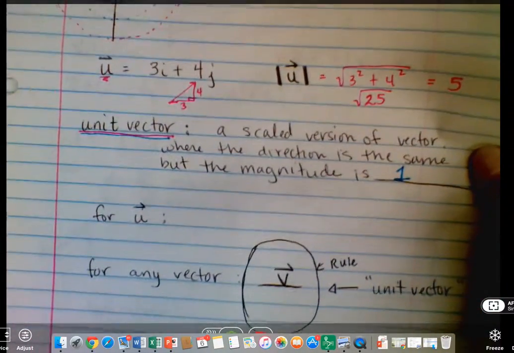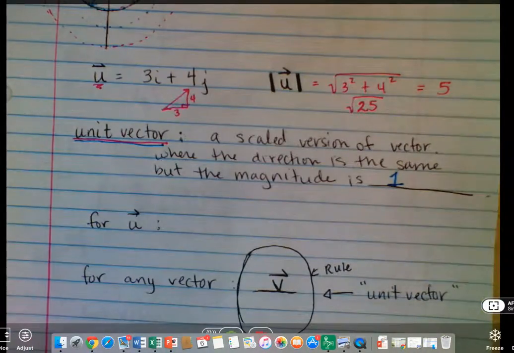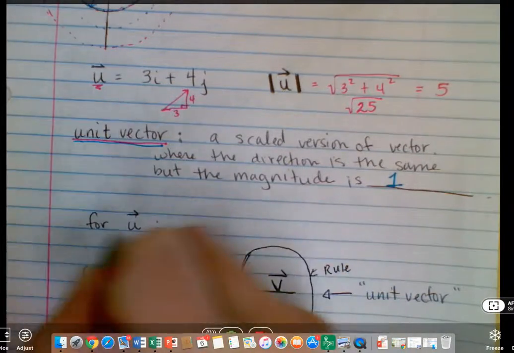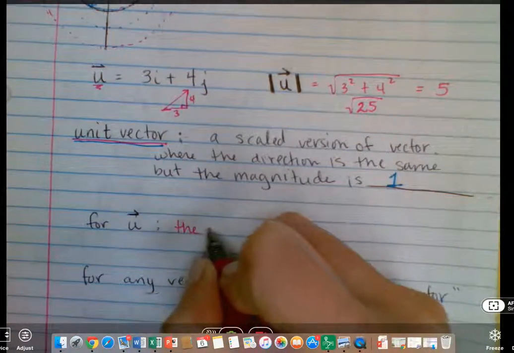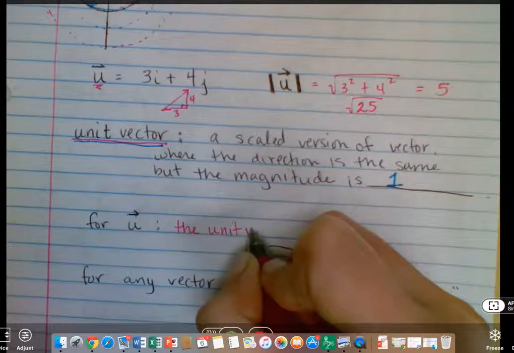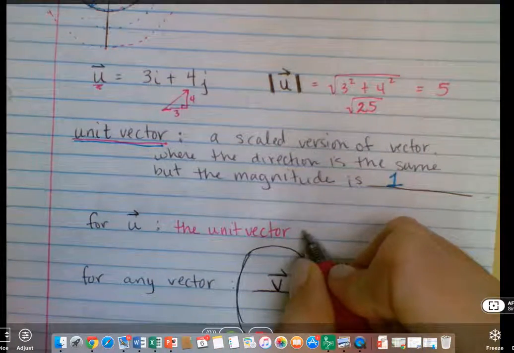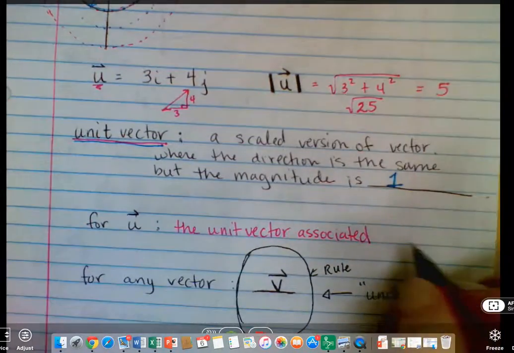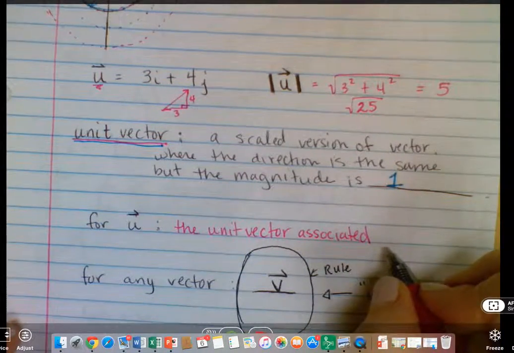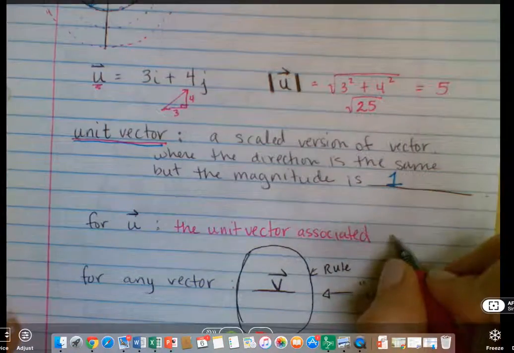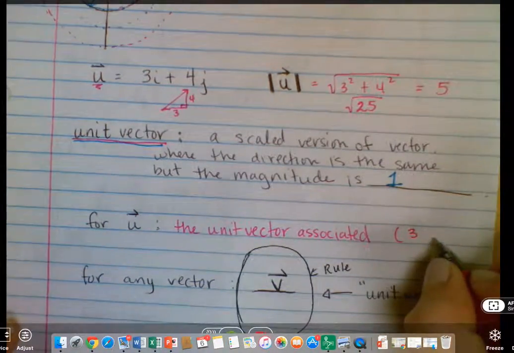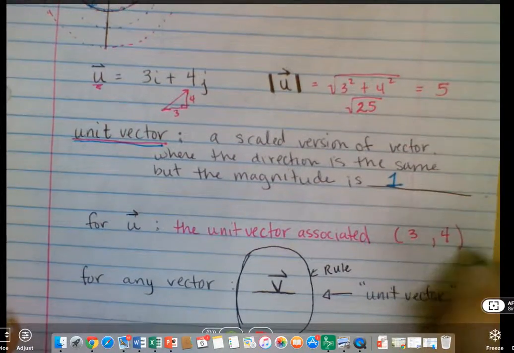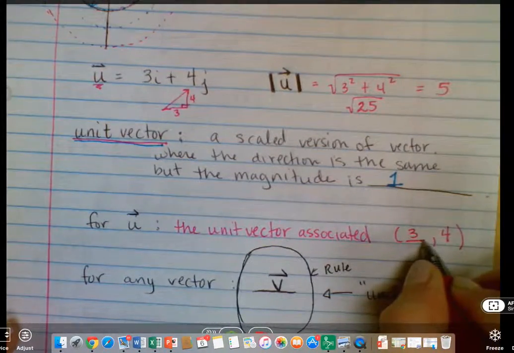Okay. So if I want to talk about the components of u in terms of a unit vector, the unit vector associated with u would have to be 1 long, right? So that means that each component of my original vector is going to have to be scaled down also.